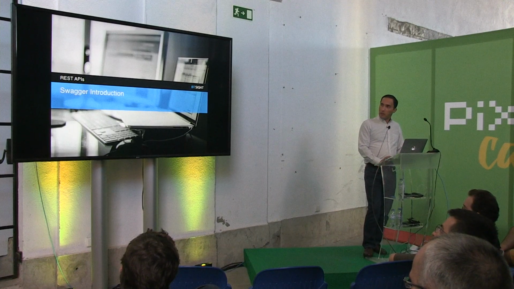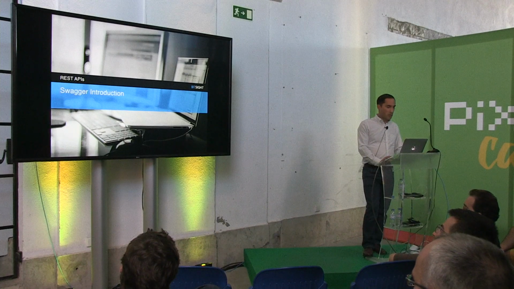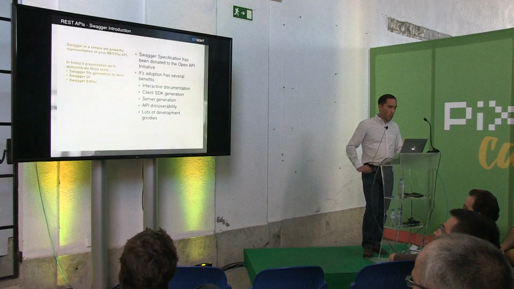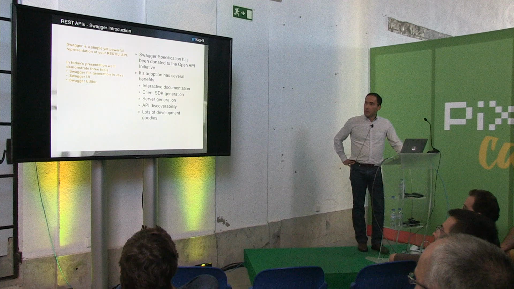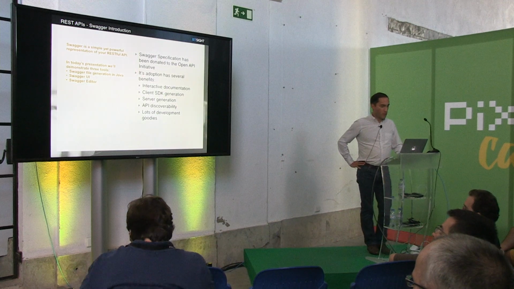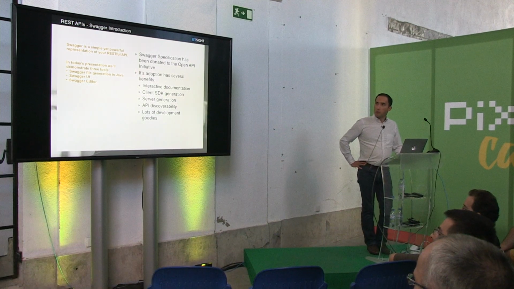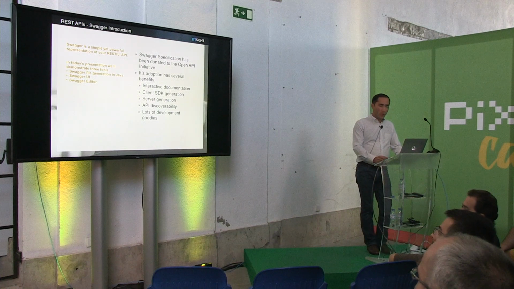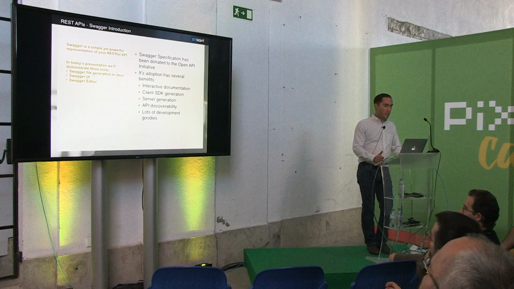So one of the big points in this presentation is Swagger. What is Swagger? Swagger is a specification, a standard. So when you define a Swagger, you are defining your APIs.